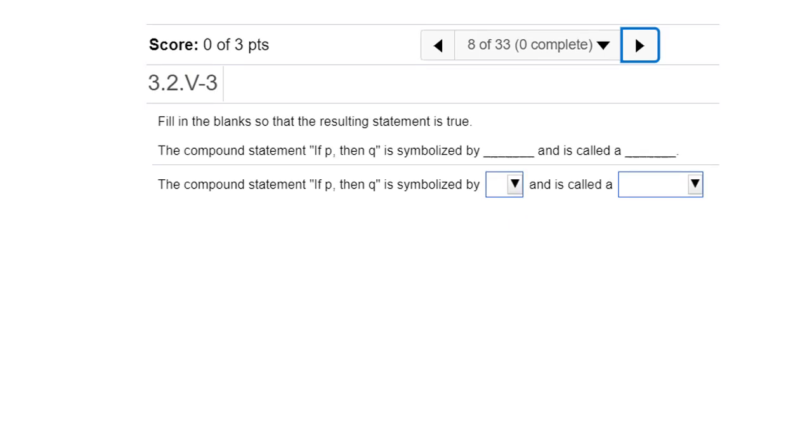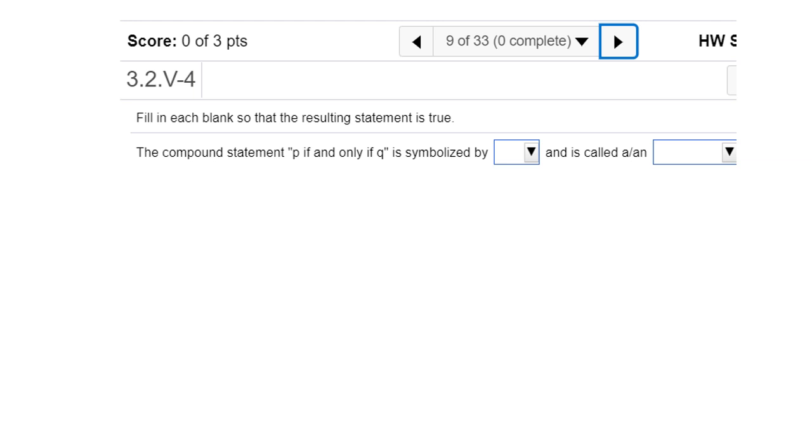The compound statement if P then Q is symbolized by P and the one-sided arrow Q. That is called a conditional statement. The compound statement P if and only if Q is symbolized by P and a double-sided arrow Q, and that is called a biconditional statement.